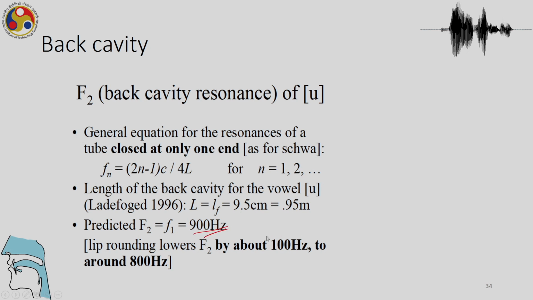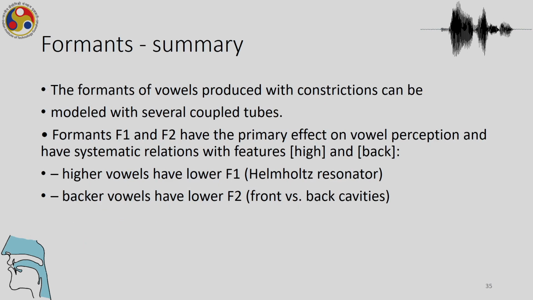Lip rounding, again recall, generally decreases formants, and lip rounding lowers F2 by 100 Hertz to around 800 Hertz. So we are coming to the end of this part on the formant calculation using tube models. The formants of vowels produced with constrictions can be modeled with several tubes, and formants F1 and F2 have an effect on vowel perception and have systematic relations with what we call high and back in phonology.